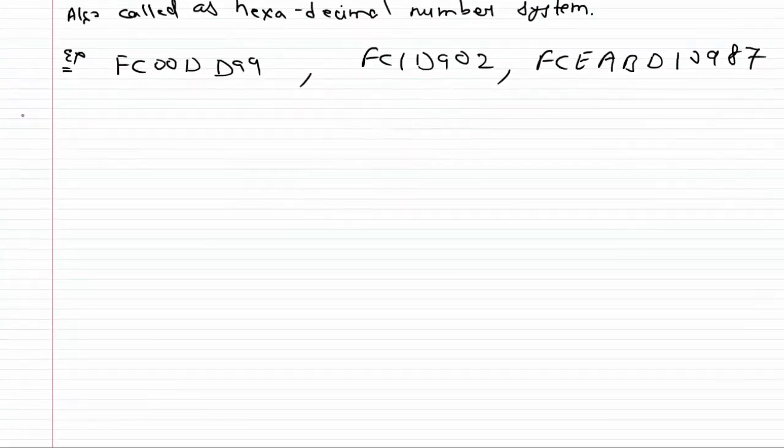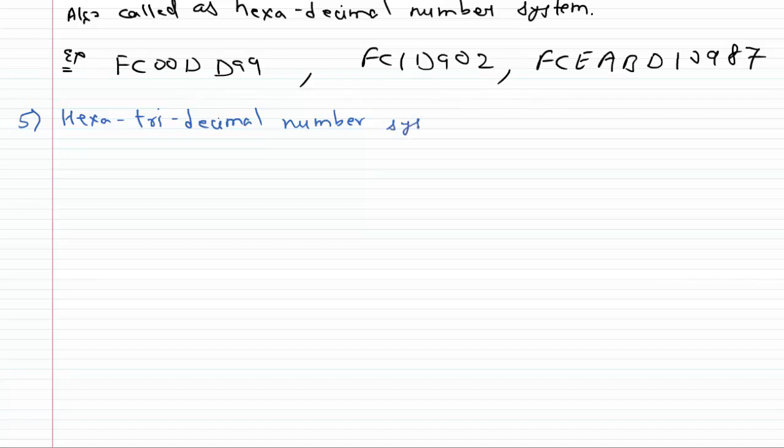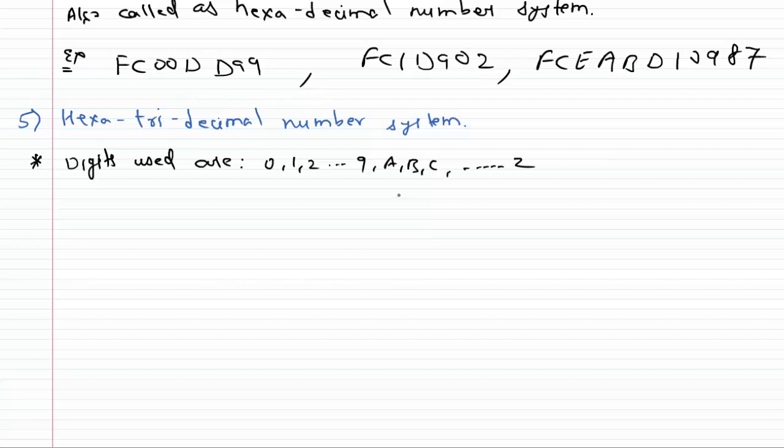Now the next number system in our list is the hexatridecimal number system. In this number system, the digits used are 0, 1, 2 till 9, A, B, C till Z. Meaning here we are using all 26 alphabets.